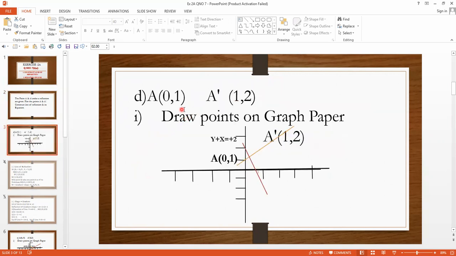Here in part D, first of all they gave us point A with values 0 and 1, and the second point, A prime, with values 1 and 2, and we have to plot these on the graph paper. First of all, I have to write the scale. Always remember that first of all you have to write the scale.